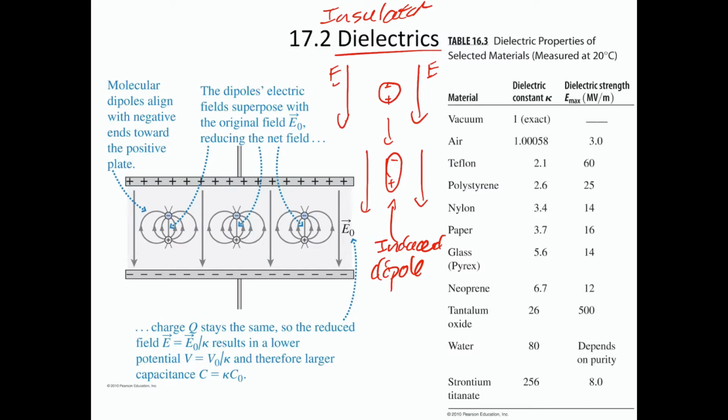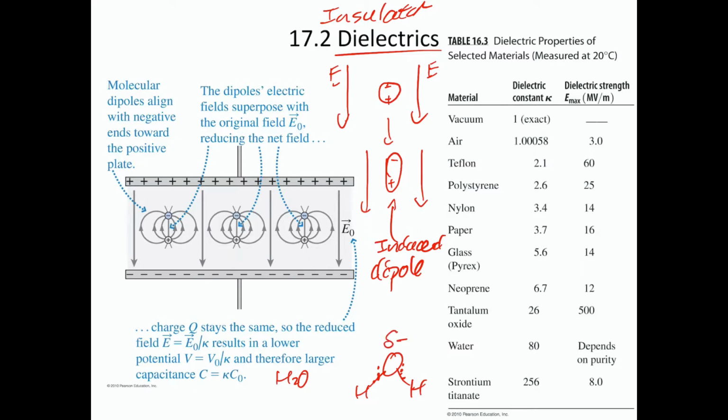Another type of dipole is called a permanent dipole. It means the molecule itself is a dipole. One example I used before is H2O. Oxygen here, hydrogen, hydrogen. We know they share a pair of electrons, but oxygen has a higher ability to drag the electrons close to the oxygen. So you expect the shared pair of electrons to be close to the oxygen side.